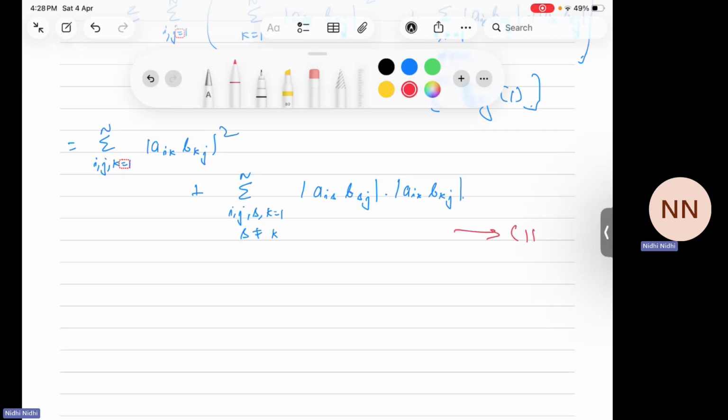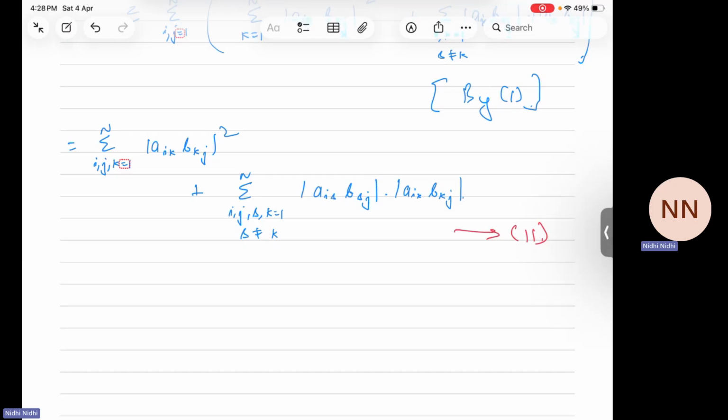Now let's see the right hand side of the inequality.